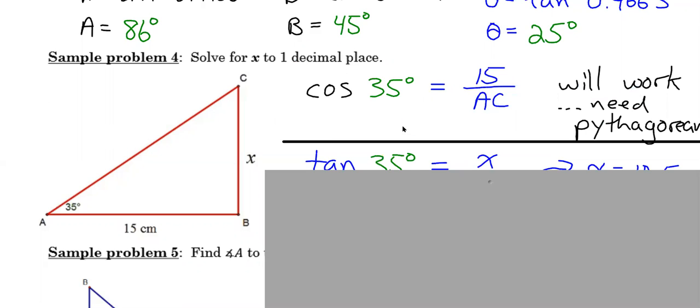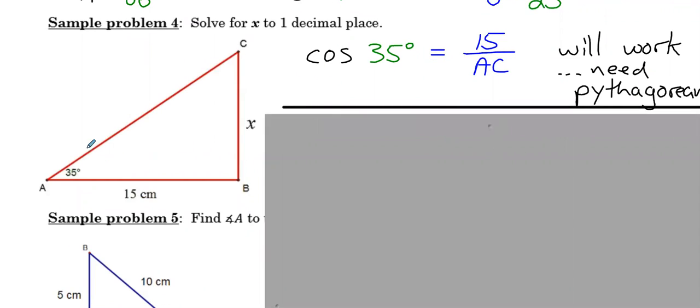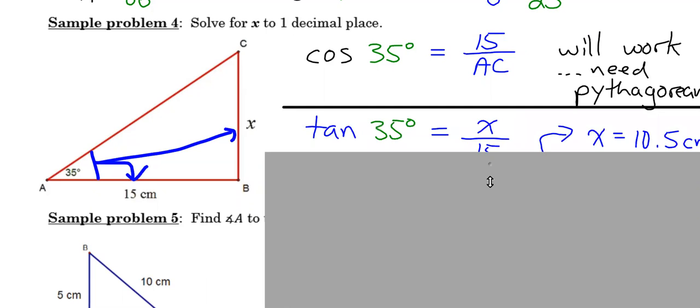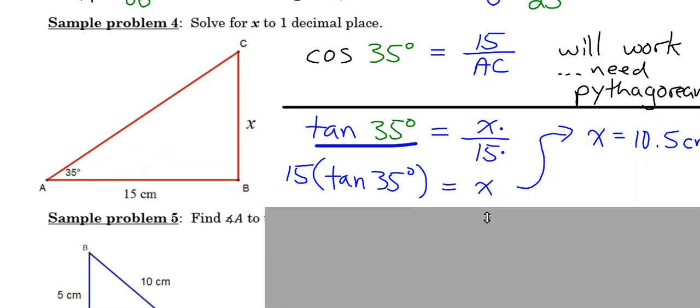Okay, so you're trying to find a ratio that's going to work for you nicely. So again, as I said, you have the opposite to 35 and the adjacent, and that is your tangent ratio. Opposite includes the x. We have the 15, we have the 35. So that allows us to solve this equation easily because I can use my calculator to find the tan of 35.